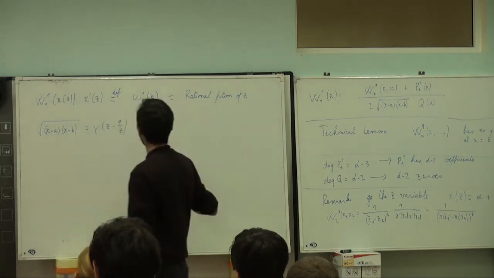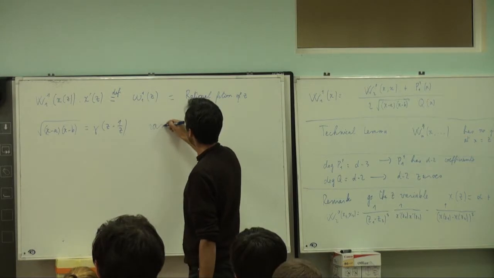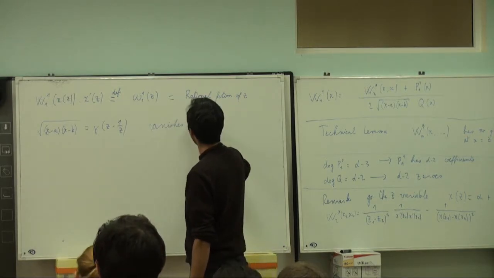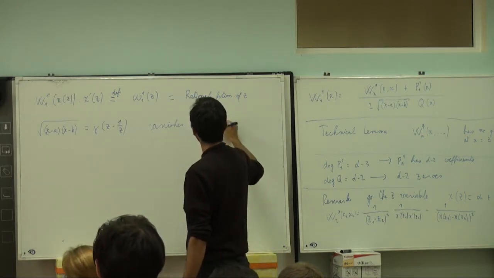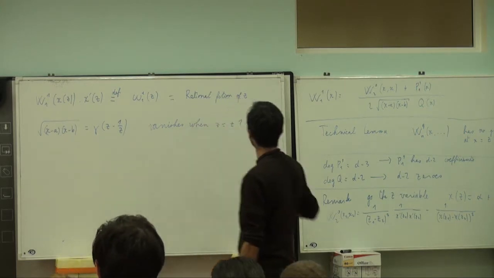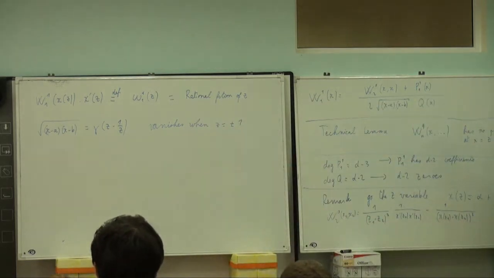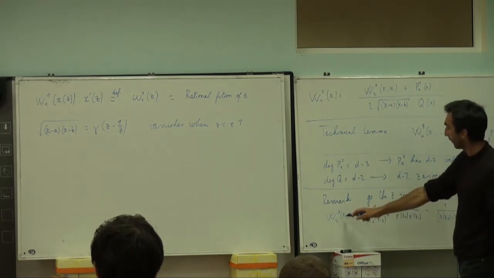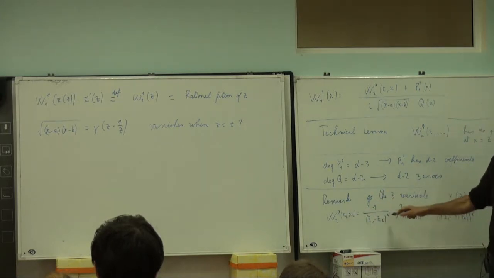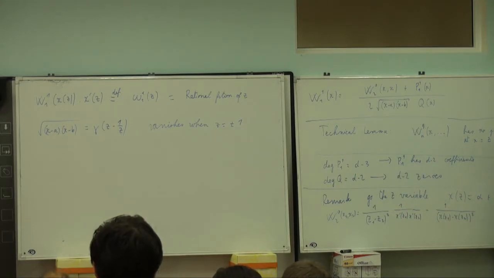It vanishes when z equals plus or minus 1. This quantity, the W20 at the same point, at z1 equals z2, you can check that also it vanishes at plus or minus 1.